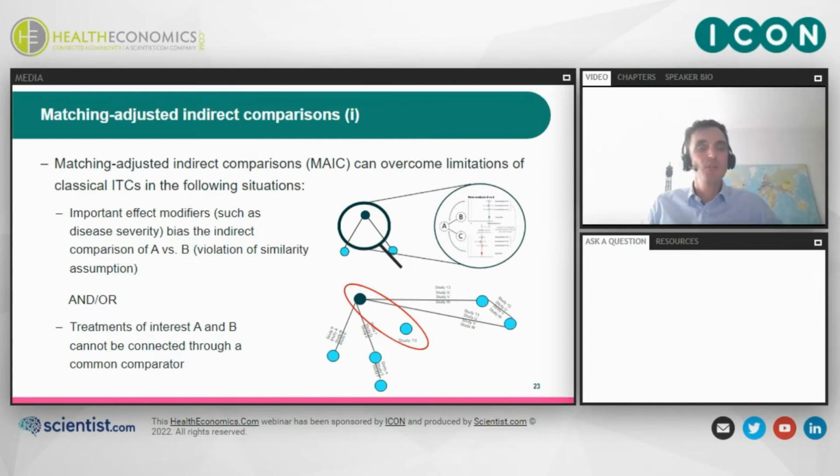The second situation where MAICs can be of help is if there are treatments of interest A and B which cannot be connected through a common comparator.